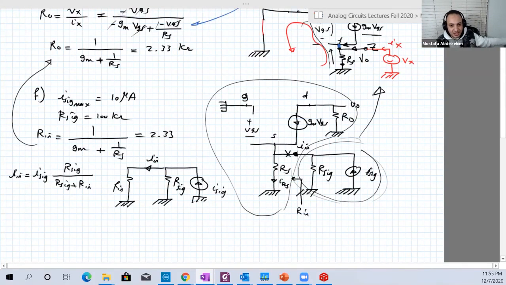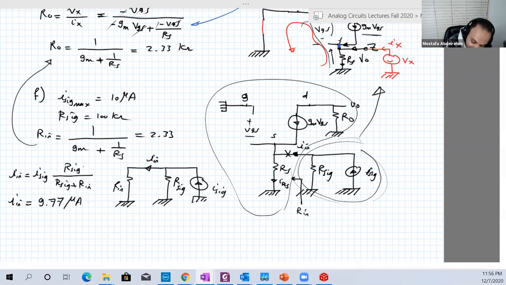It's flowing in R1, so you would put R2, something like this. Remember, we know R signal, we know R input, we know also I signal, so we can determine I input. So I input is 9.77 microamperes.